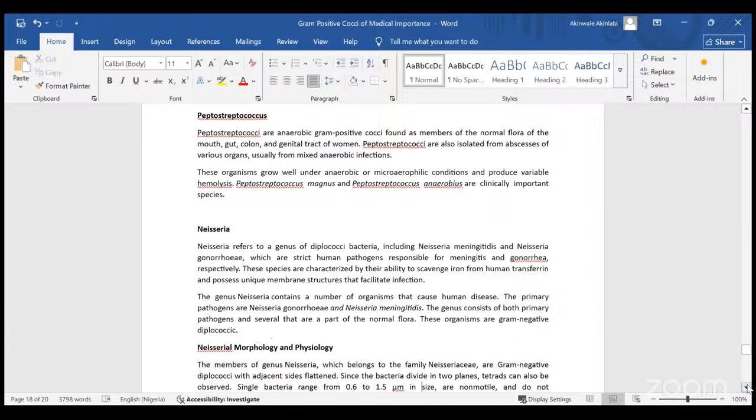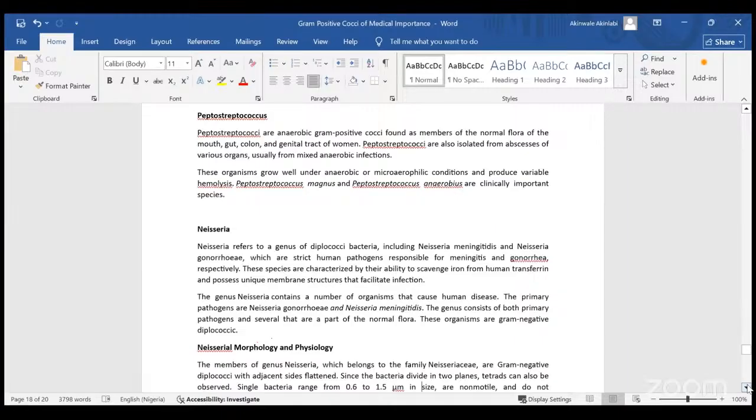We have two major species under the genus Neisseria, although there are many of them, but the ones that are very important to us are Neisseria meningitidis and Neisseria gonorrhoeae, which are strict human pathogens responsible for meningitis and gonorrhea, respectively. The genus Neisseria contains organisms that cause human disease.